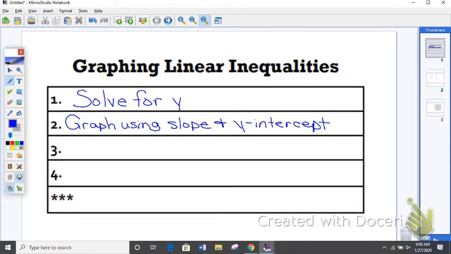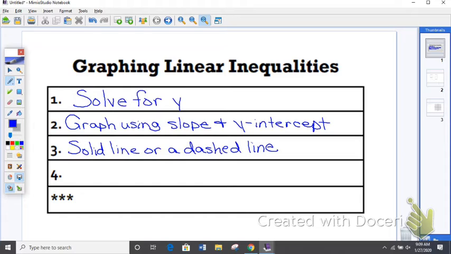Okay. Now with graphing linear inequalities, a couple other small things that you need to think about. Step 3 is we need to determine if we're going to use a solid line or a dashed line. And we will look specifically at that here in a minute.